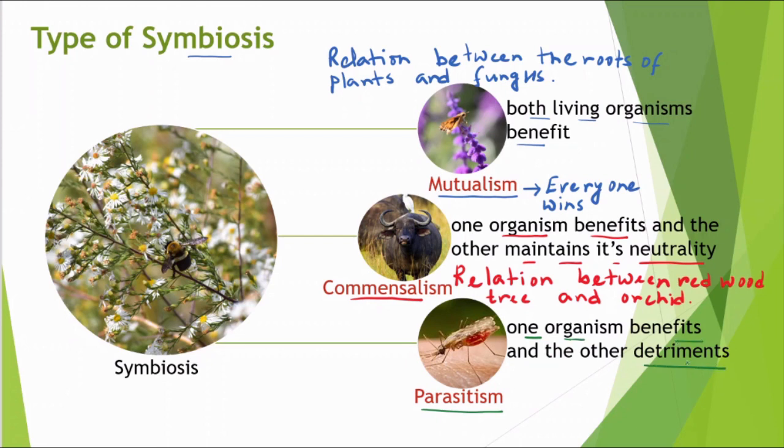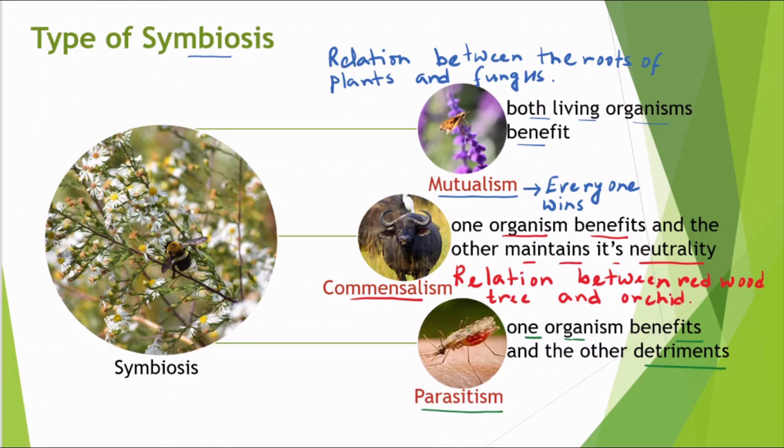The next one is parasitism, where one organism benefits and the other is harmed. Insects like mosquitoes feed off the blood of larger animals like human beings, and they act as carriers of virus, bacteria, etc. to the host, causing significant damage, even death.